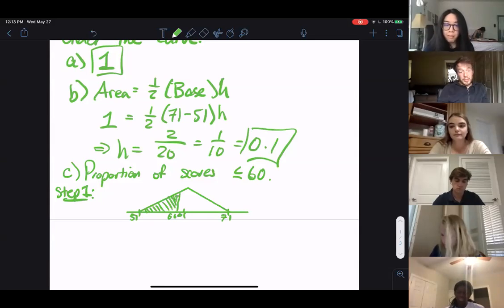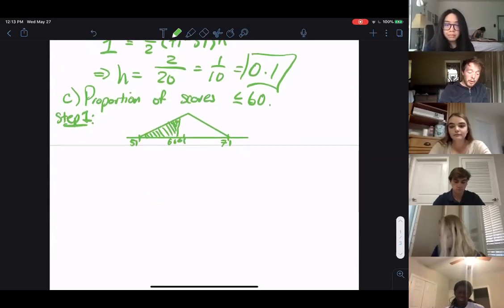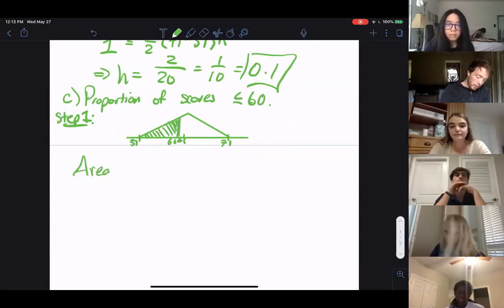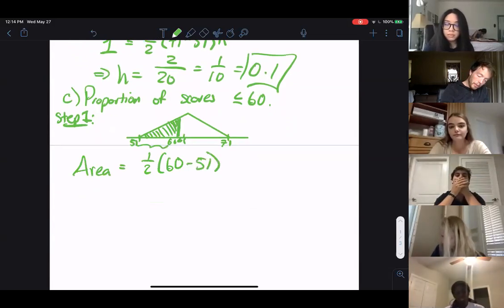Well, it's actually just like our previous calculation. The area under the curve here is just a triangle. So area equals 1/2 base, which is 60 minus 51, times the height, which I gave you in the problem.